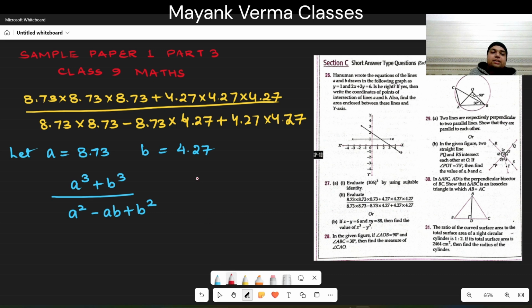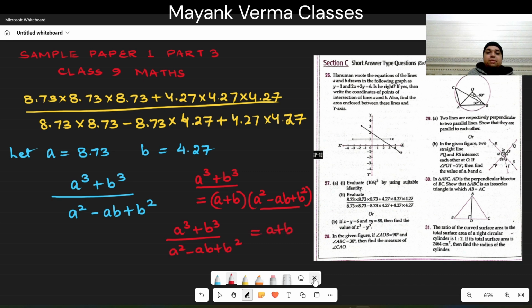We can use the identity that A cube plus B cube is equal to A plus B times A square minus AB plus B square. If I take this on the other side and divide by it, I will get A cube plus B cube divided by A square minus AB plus B square as A plus B. So A plus B will be the answer here.